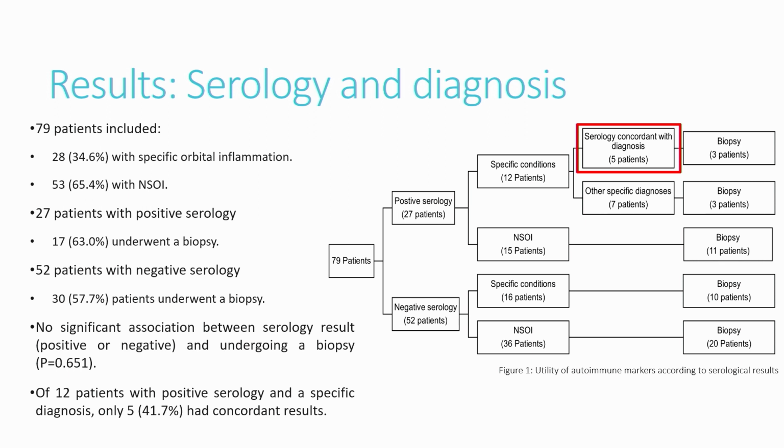And there was no significant association between the serology results, so whether that was positive or negative, and the patient undergoing a biopsy. And of the 12 patients with a positive serology and a specific diagnosis, only 5 of these patients had concordant serology, and 3 of these patients still proceeded to a biopsy.